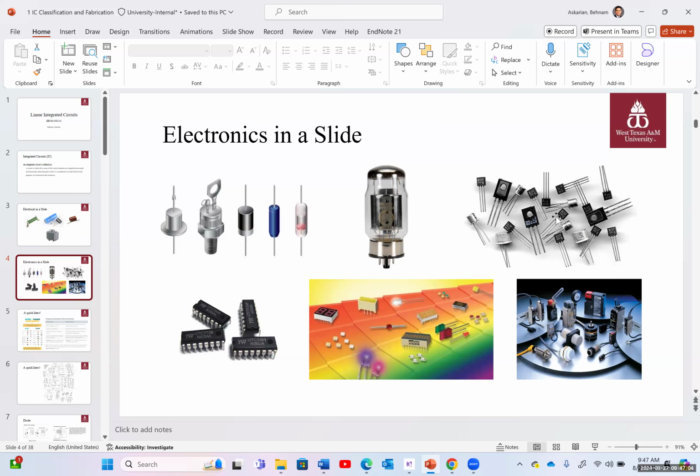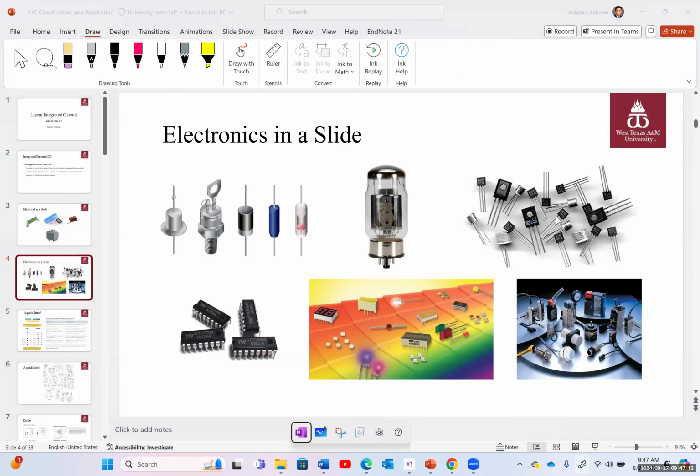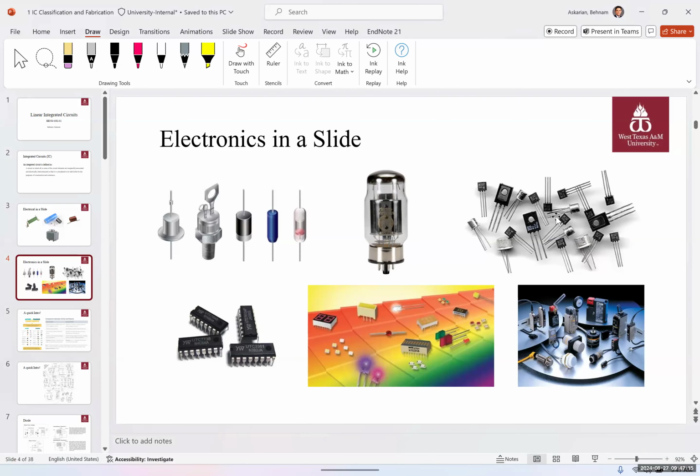BJT transistors are technically the same as a diode. Instead of two semiconductors in a transistor, we have three. One was usually for control, one was input or the source, and the other one was the output.